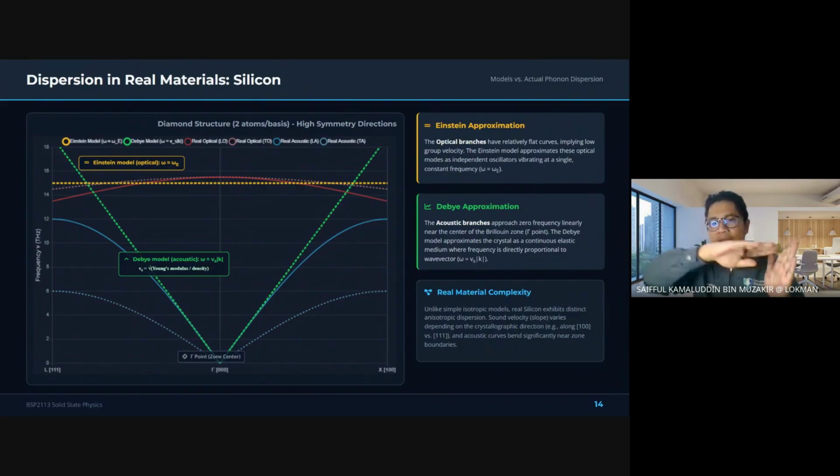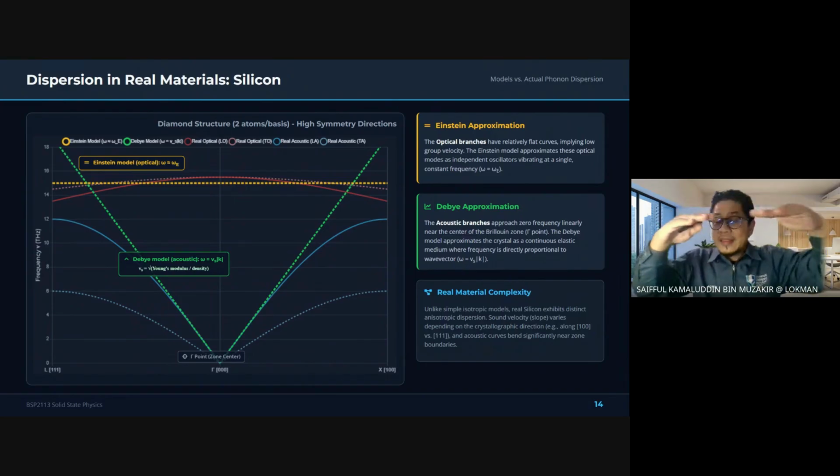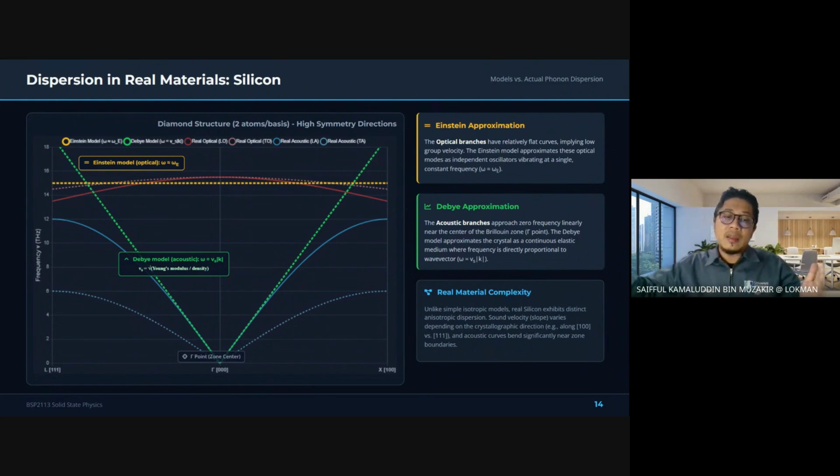It's not a straight line, it's like a Gaussian curve, a bell curve. Yes, it might reach the maximum frequency exactly at the same spot as the Einstein model, but later it will go down again at higher k. So the simple models are not perfect, but they are very useful for understanding the main trends.